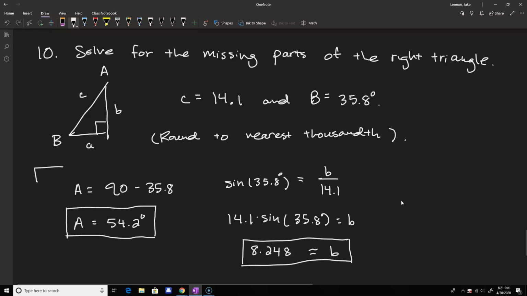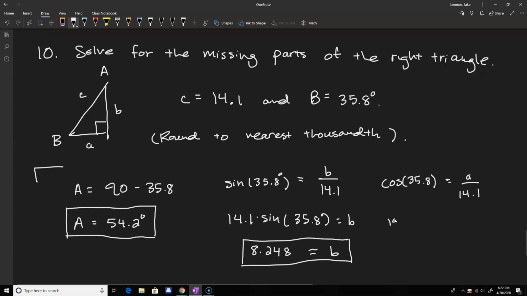So the last thing we need to solve for is a. We can still use angle B. If we use angle B, a is going to be the adjacent side, so we could use the cosine. The cosine of 35.8 would equal a divided by 14.1.